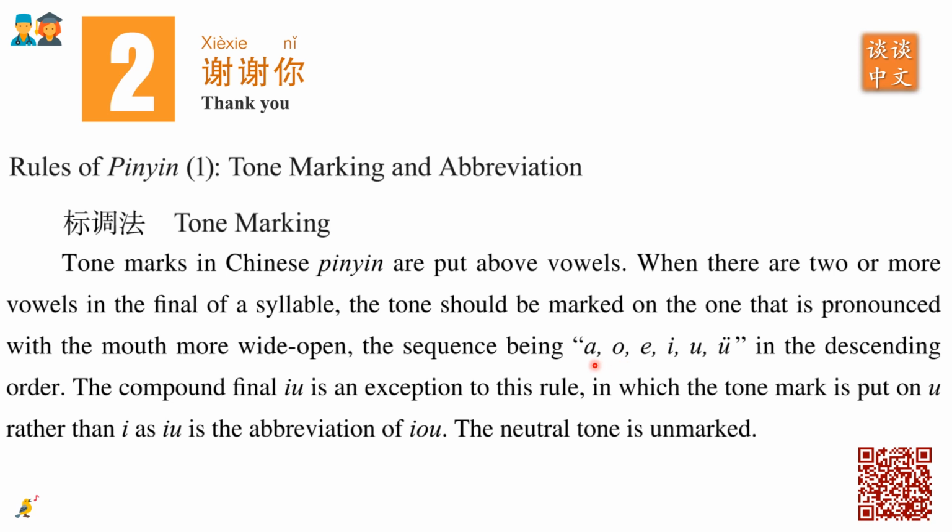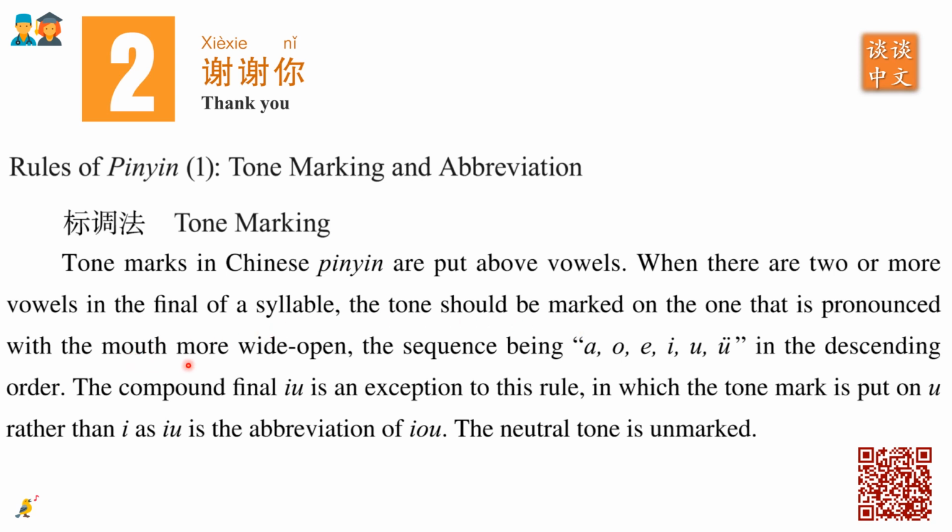Then the sequence is A, O, E, I, U. So if there are O and U in one pinyin, you will always mark your tone on O. And if there is only one vowel, you will always mark your tone on that vowel. In case there is more than one vowel, you will mark according to this rule.